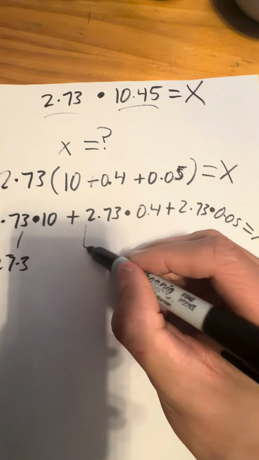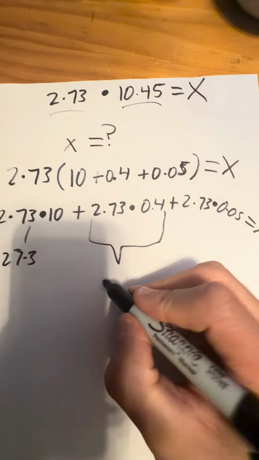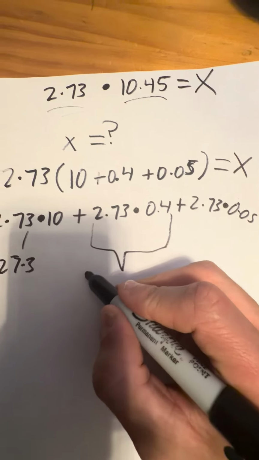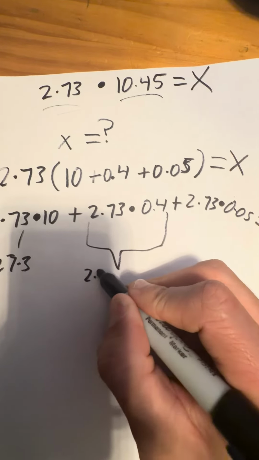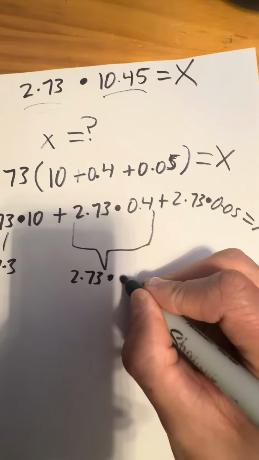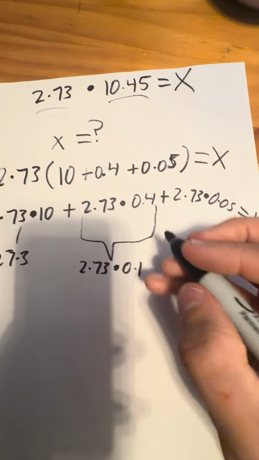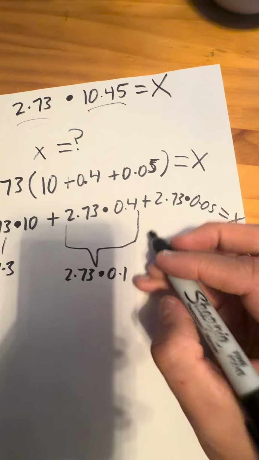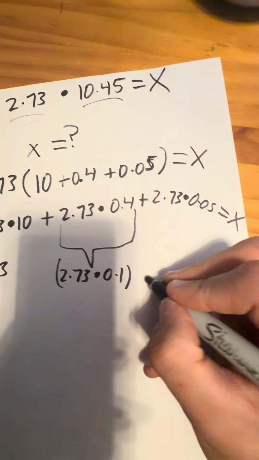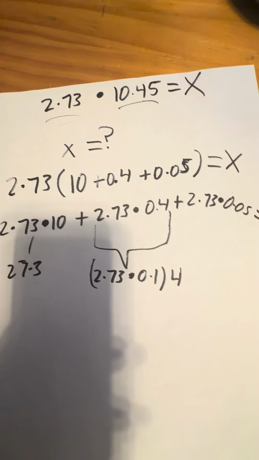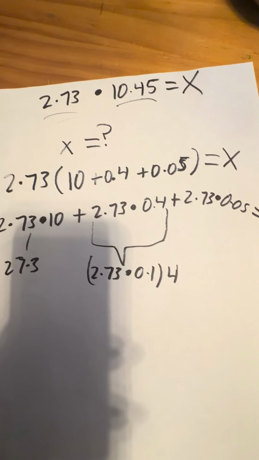We're gonna want to take this and split it up even further, the 0.4 to be specific. So 0.4 is equal to 0.1 times 4. Right? So that's all the same.